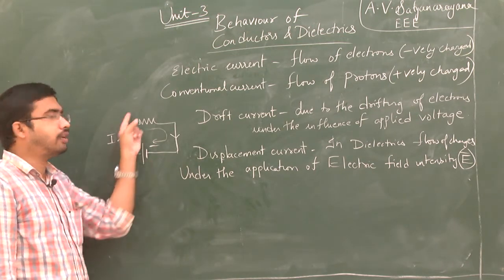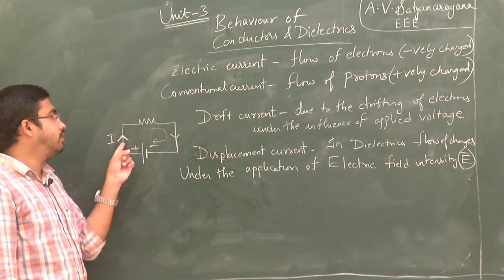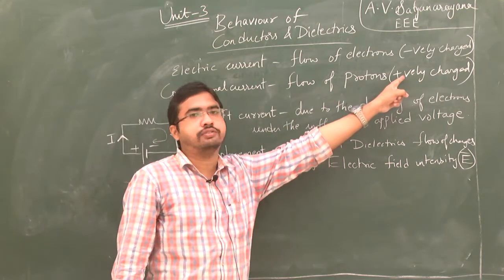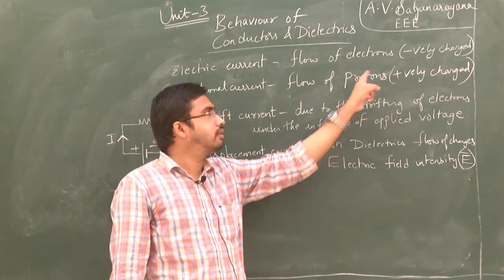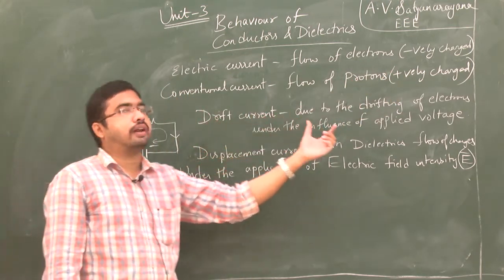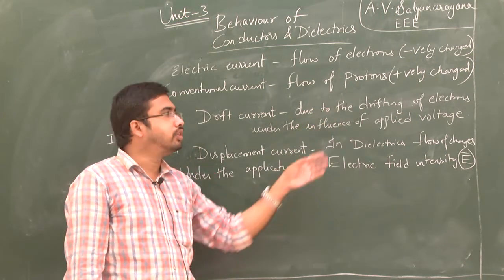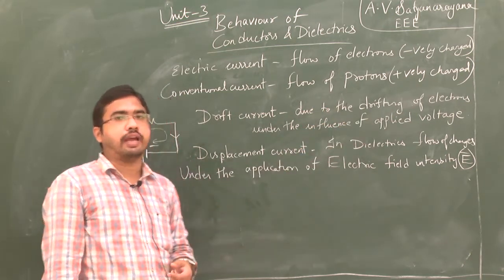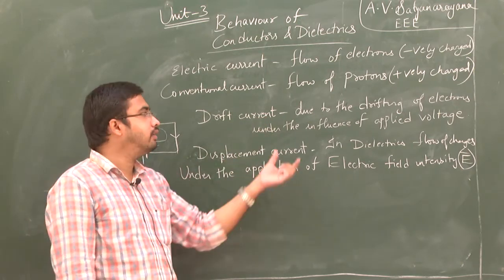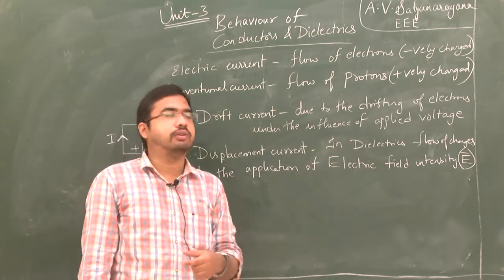That means positive terminal to negative terminal. This is the conventional direction of current, which is taken as the direction of positively charged particles, that is protons. Next, drift current means that current which results in a conductor due to the drifting of electrons under the influence of applied voltage. That drifting process later we are going to study again.